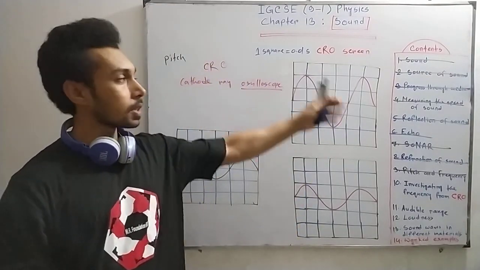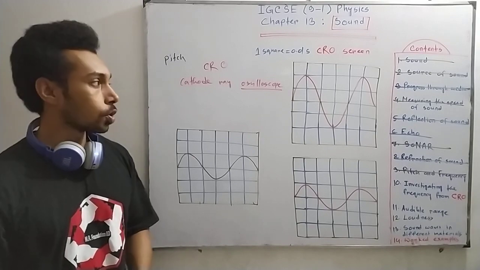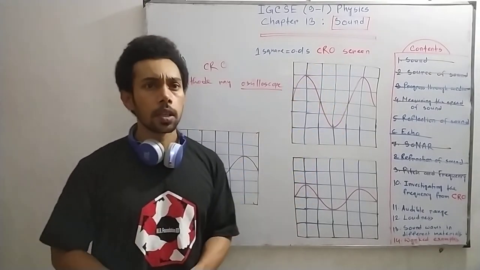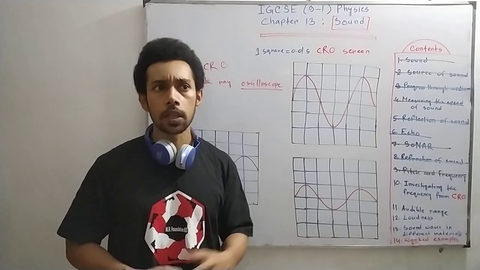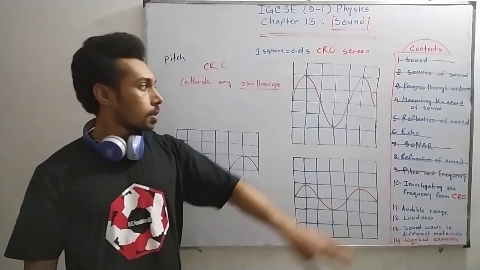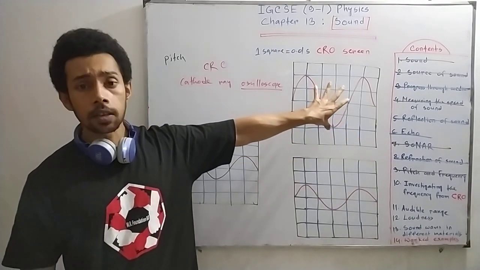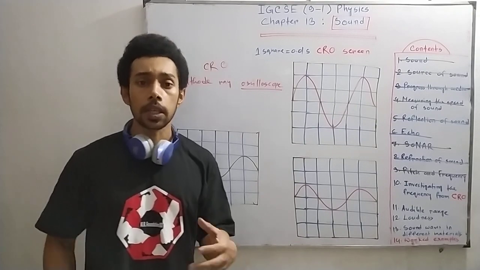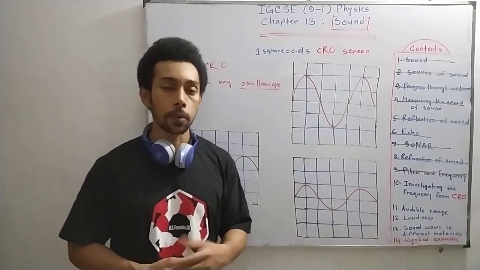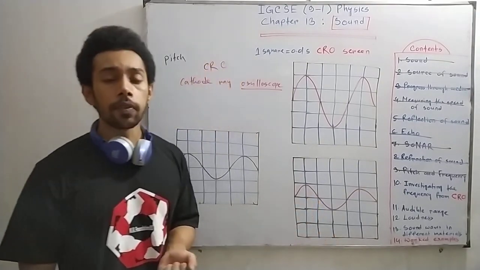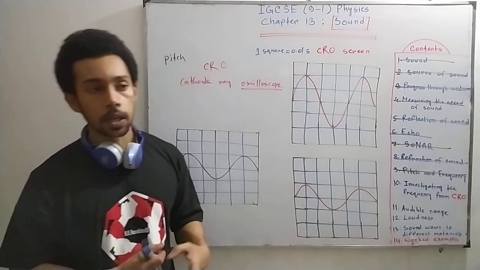And this is the CRO screen. You might have noticed it when you visit a patient in a hospital: the screen on the ECG machine that shows the heartbeat or heart rate of the patient. Using the CRO, you can investigate the frequency of a sound wave.